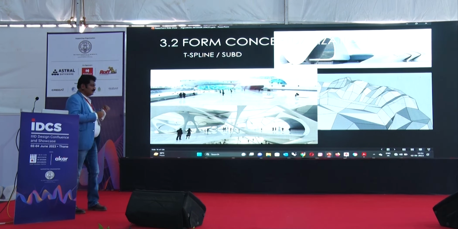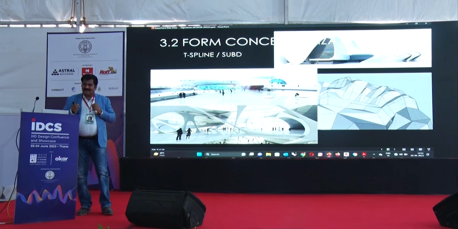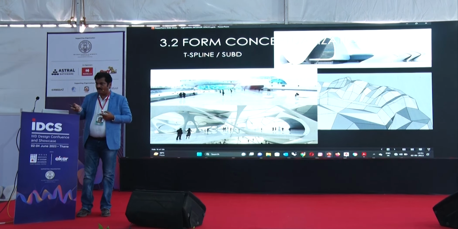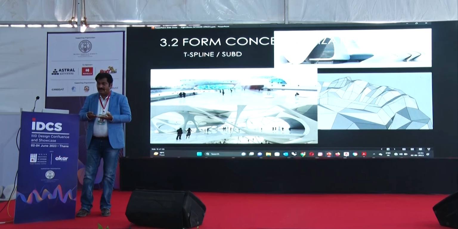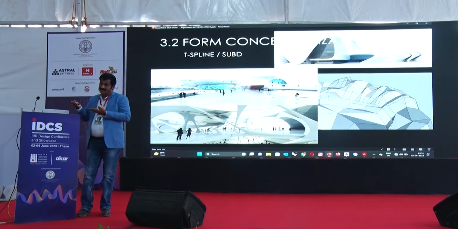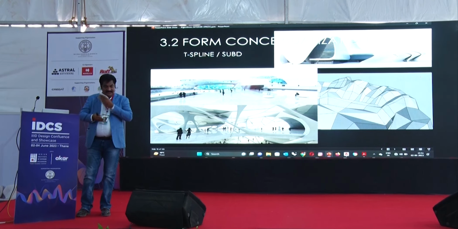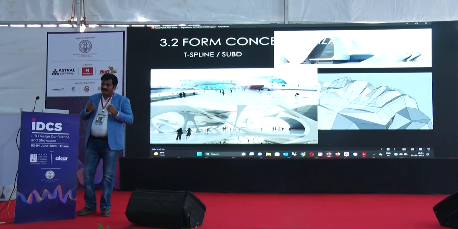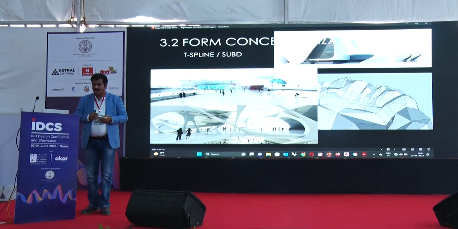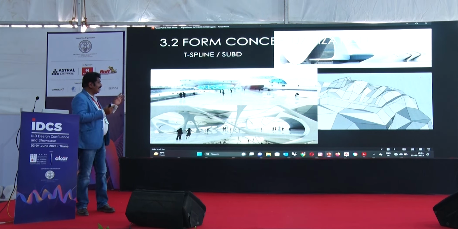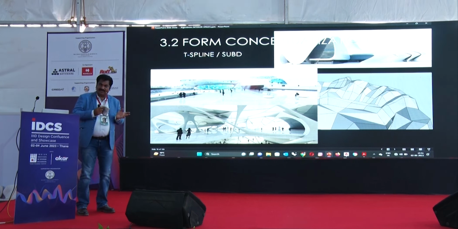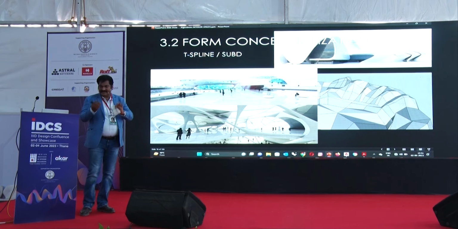It's called T-Spline. T-Spline was a very interesting plugin made by Autodesk working in Rhino. Now both of these software are like rivals to each other, but still Autodesk had supplied this plugin for Rhino. One time they said it's discontinued, and then everybody was handicapped. And Rhino came up with similar software called SubD. Exactly the same.